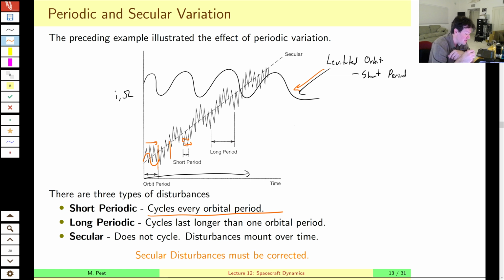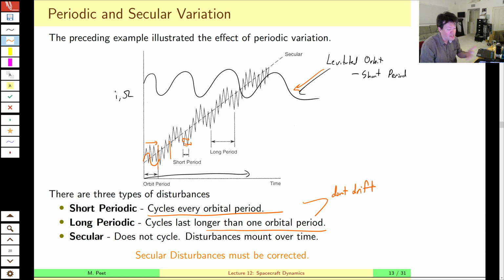By contrast, we get long period perturbations, which last longer than a single period, so they don't just come and go over it, but they don't accumulate. They last longer than one orbital period, but neither of these accumulate. They don't increase in magnitude, and well, I guess they can increase and decrease in magnitude, but they don't do so secularly, and they don't drift.